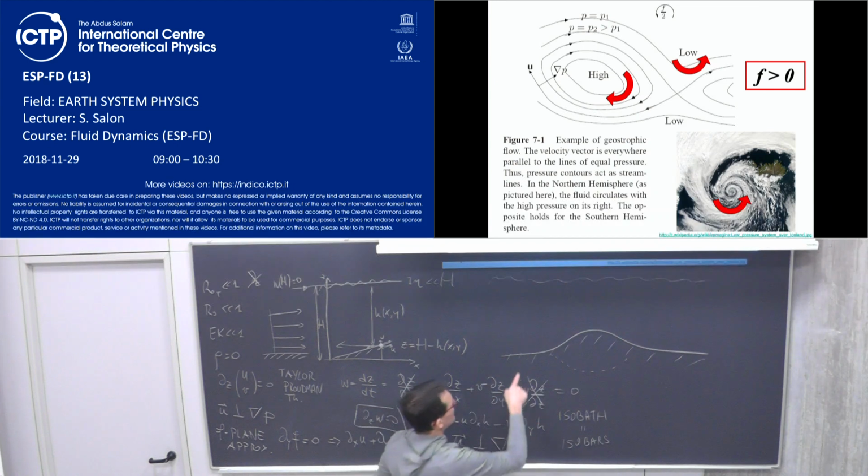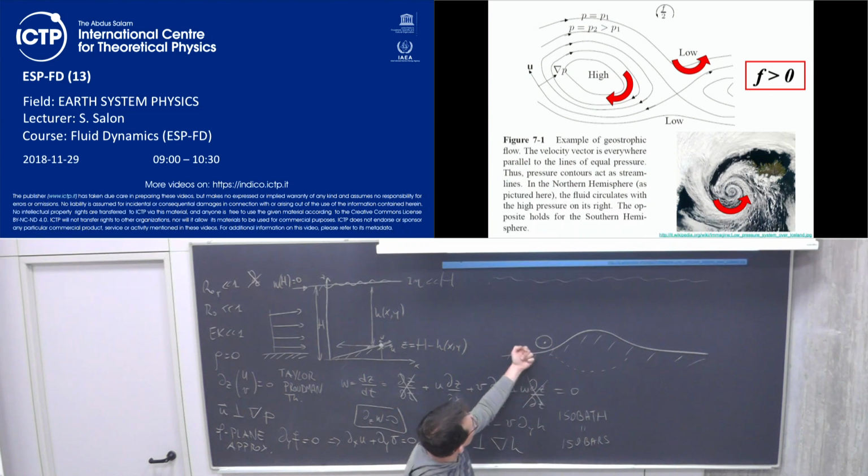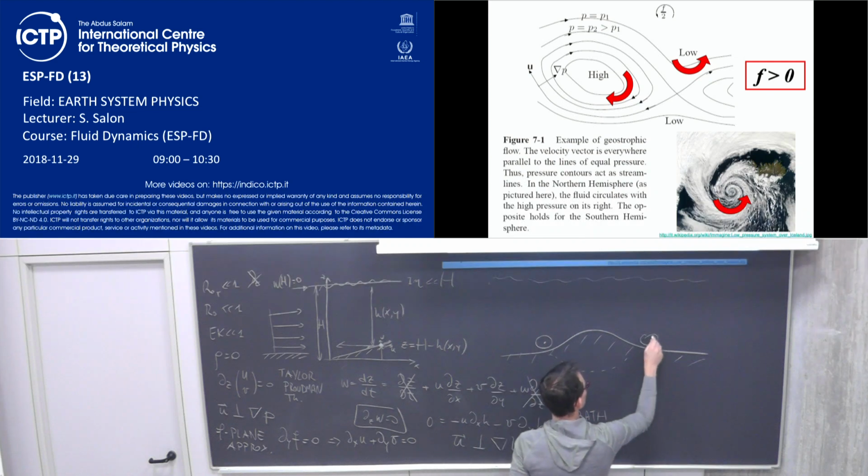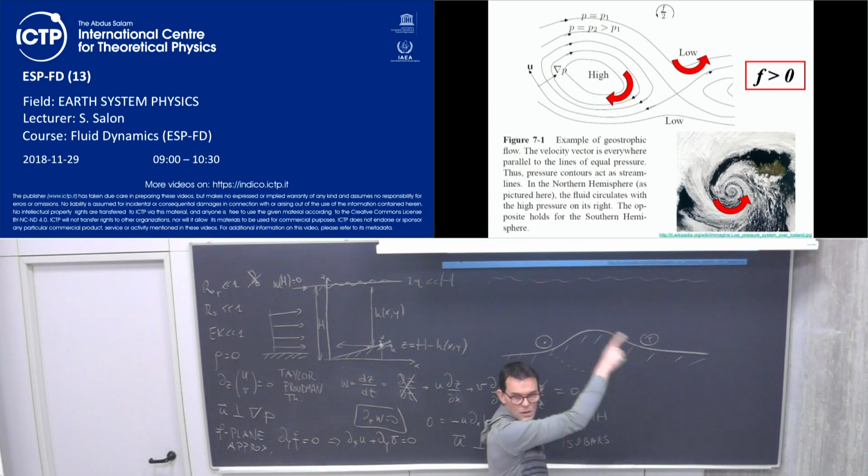If I have a flow coming out from the blackboard, the flow can only turn around the obstacle. It is not possible for the flow to jump from one side to the other.